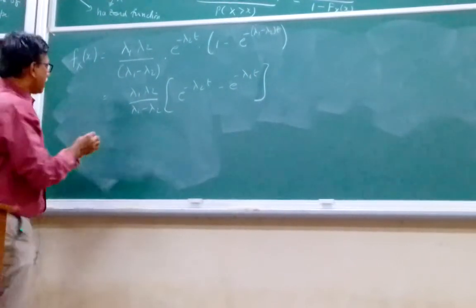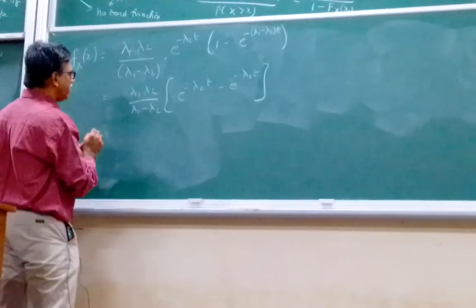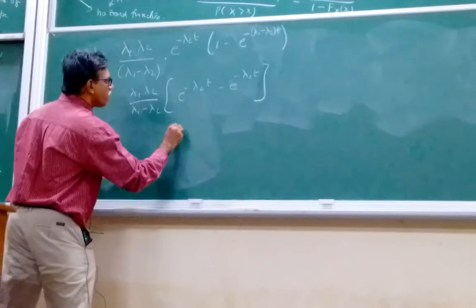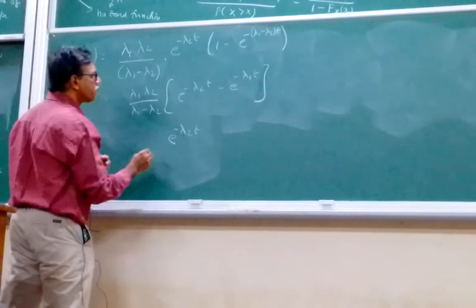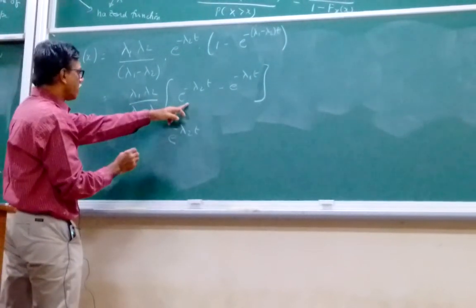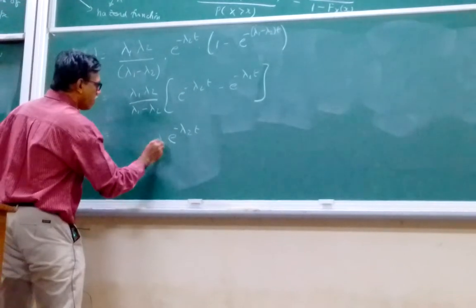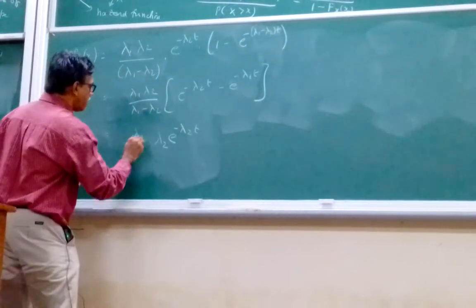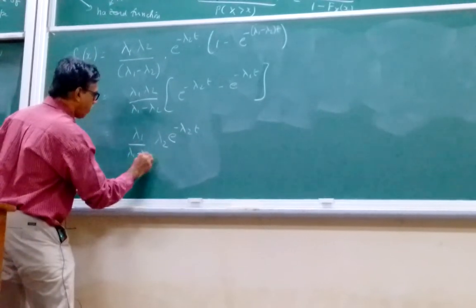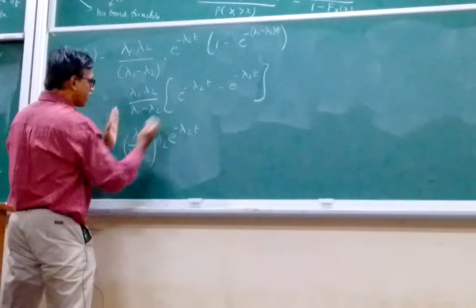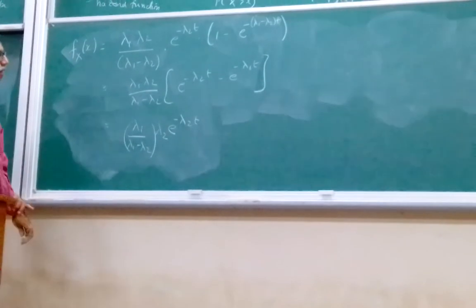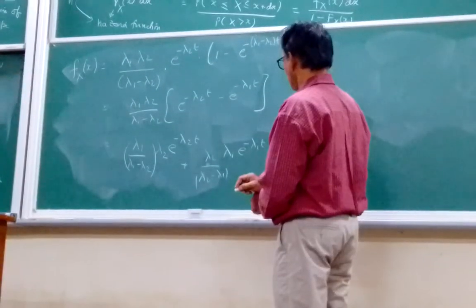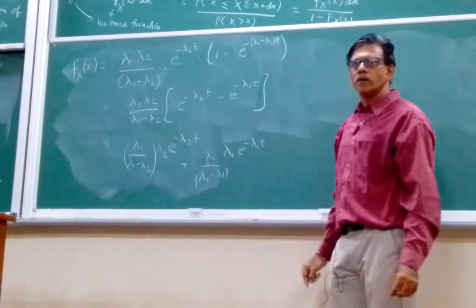Again, the way we will write it is, e power of minus lambda 2 t into lambda 2, we will club it with this one, and then we will write lambda 1 by lambda 1 minus lambda 2. This factor I am writing like this. The other factor is, again, I want to put, okay, we'll write it.